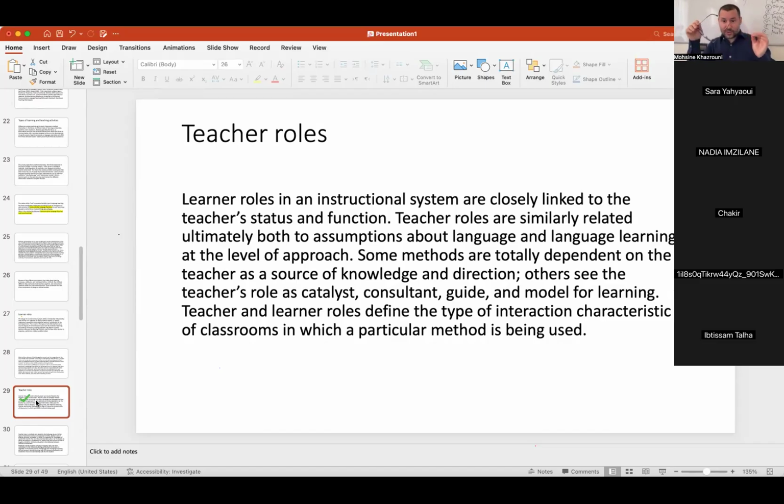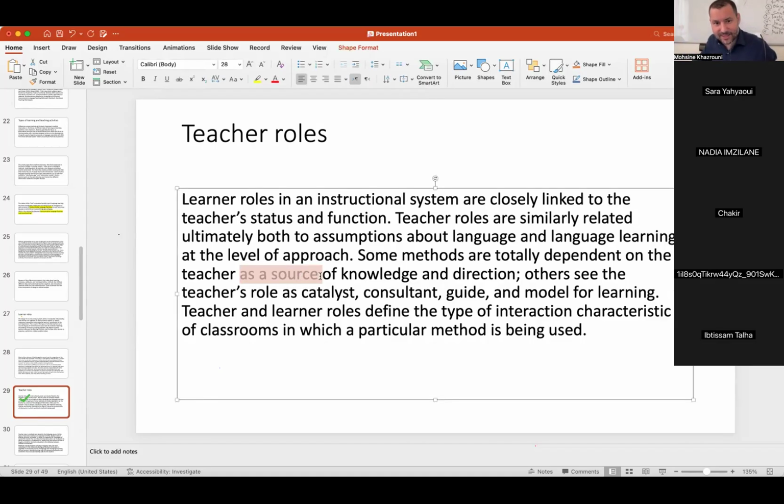Some methods are totally dependent on the teacher as a source of knowledge. He is the only source of language, of knowledge, direction. Others see the teaching role as a catalyst, consultant, a guide, model for learning.